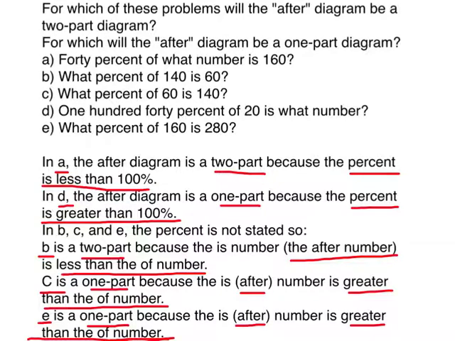C is going to be a one-part, though, because that after number, 140, is greater than the of number, 60. And then E is also going to be a one-part diagram because the after number, 280, is greater than the of number, 160. So C and E both are one part because the after number is greater than the of number.